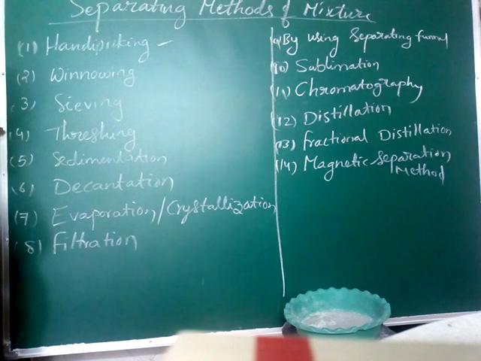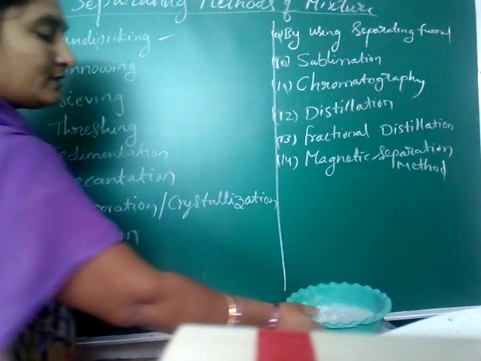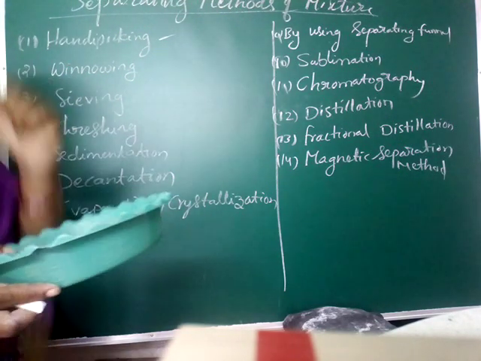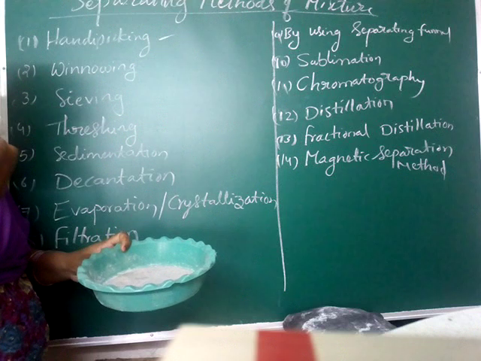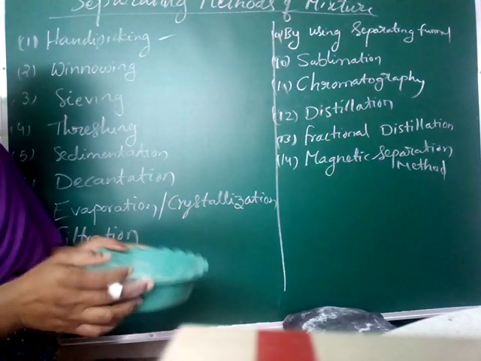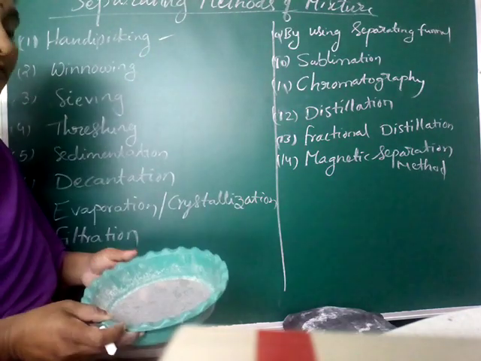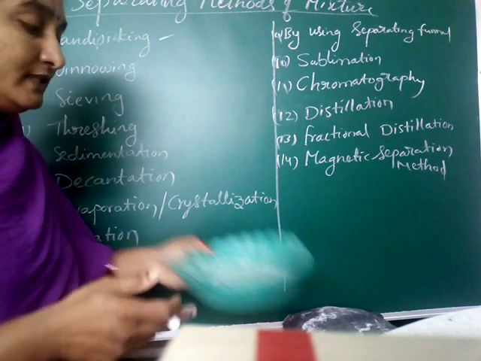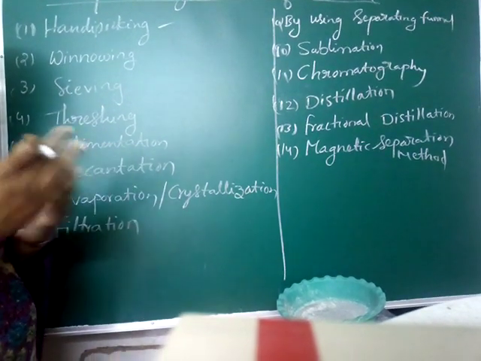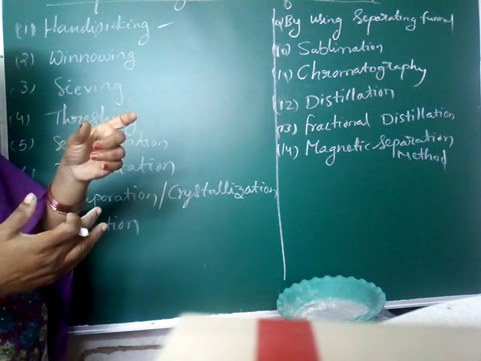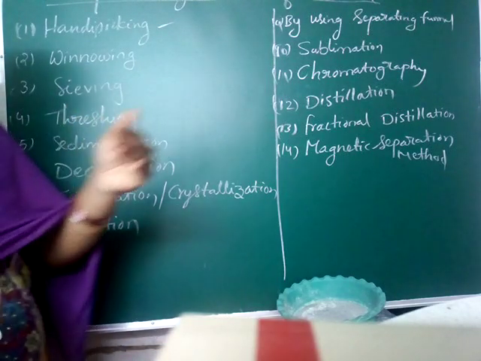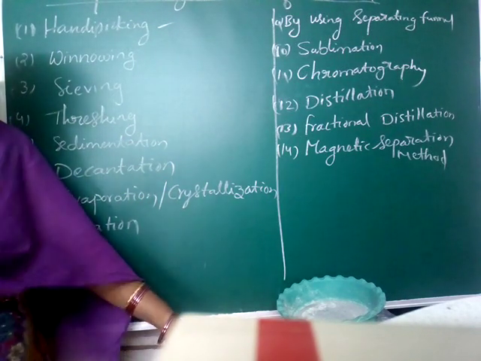And sieving. The sieving process is used to sieve. Suppose smaller size grains and bigger size grains are mixed. Then by using the sieve we can separate those. Mainly this is used to separate the larger size seeds, because those are used for plantation, because they give good products.